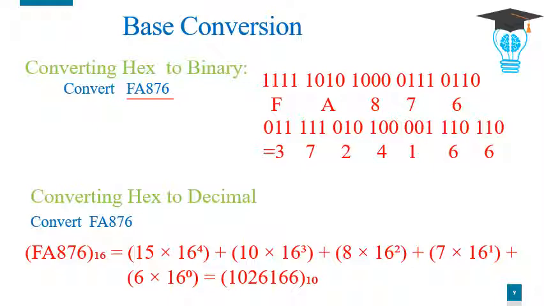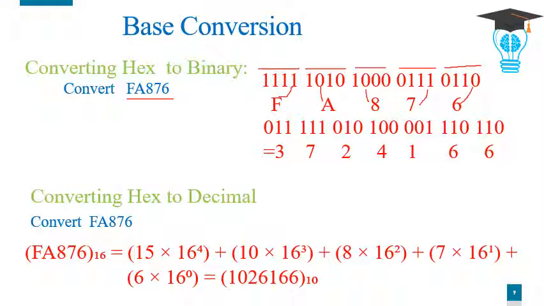So convert each bit what is given in hexadecimal to 4-bit binary pattern, and represent each digit by 4 bits of binary, and this represents F, this represents A, this represents 8, this represents 7, this represents 6. Together it's a binary equivalent of a hexadecimal number FA876.